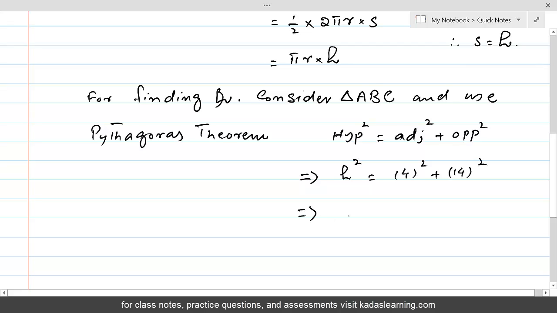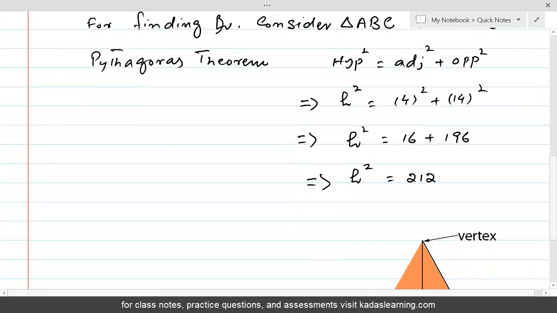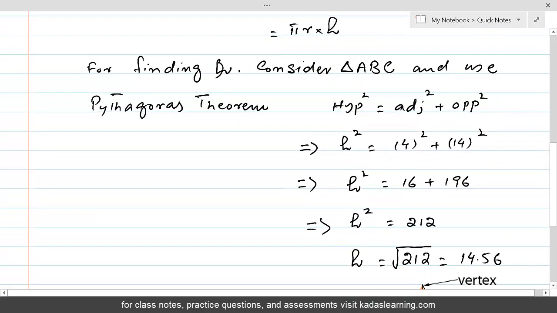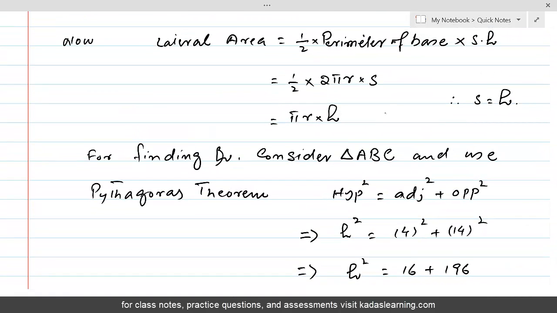This means h square is equal to 16 plus 196, and h square will be equal to 212. And for finding h, we can take square root on both sides. Square root of 212 is equal to 14.56.